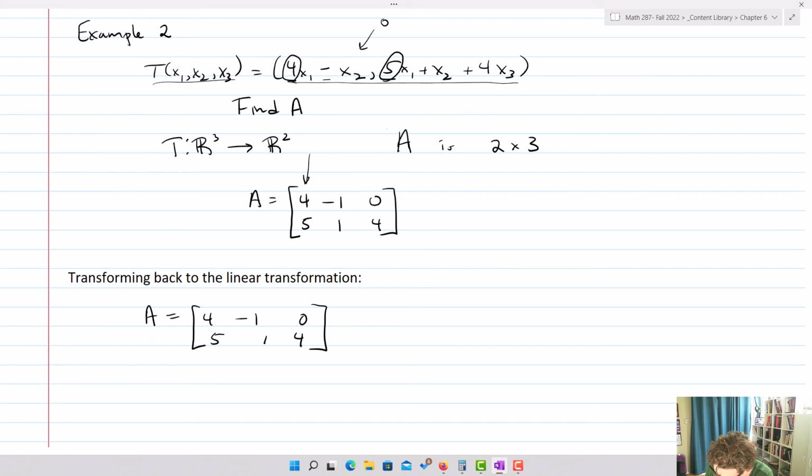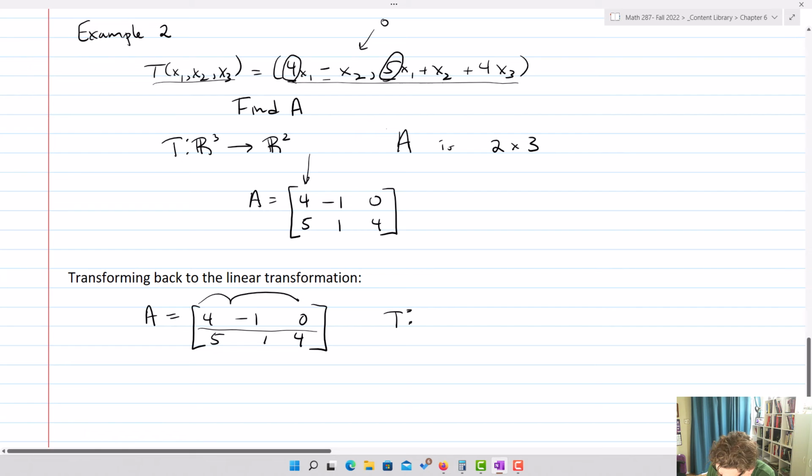Now we're going to read along the rows to give us back our linear transformation. So T, we know, is going to go from R3, 1, 2, 3, into R2. And that is because n is the number of columns.